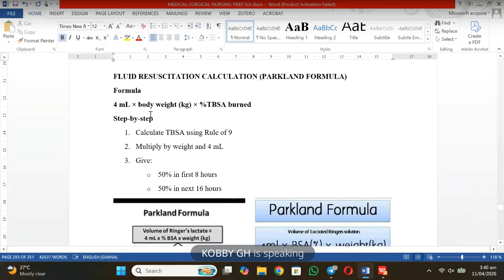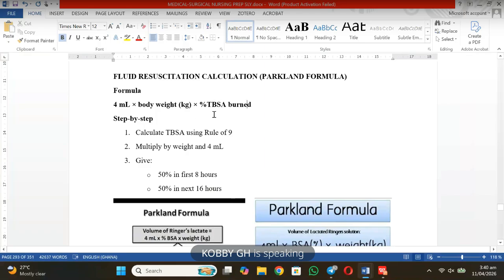So, for example, the examiner has given you the scenario that the patient weighs 50 kg and experienced a burn affecting 27% of the body surface area. Your calculation is 4 ml times the body weight multiplied by the burn surface area.